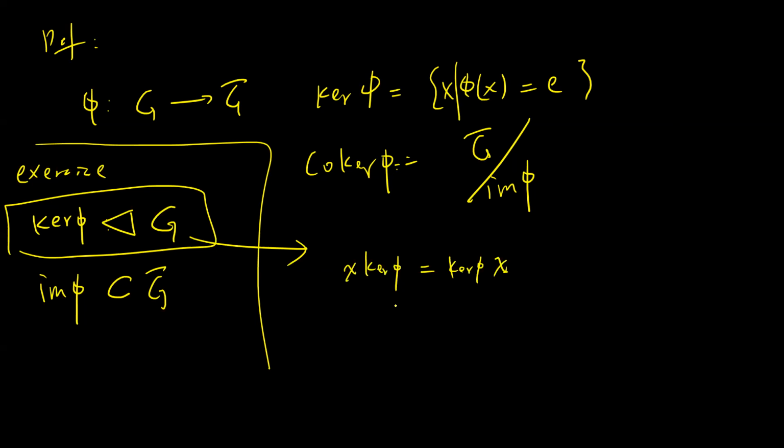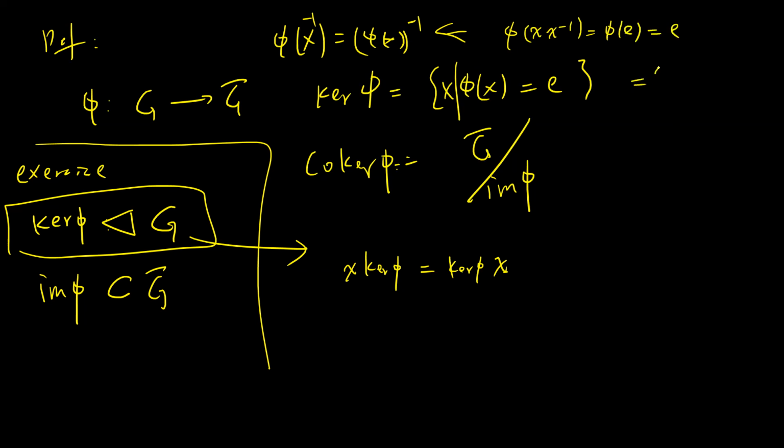But notice that phi of x inverse will be phi of x, inverse. So the inverse commutes with phi, because this is a homomorphism. This is due to the fact that phi of x x inverse gives phi of identity, which is the identity, the same as phi of x times phi of x inverse.